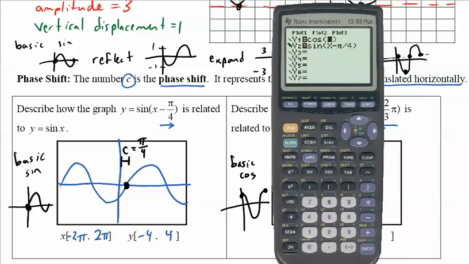So we've got the basic cosine first. Here's your basic cosine. It starts at the top, and after one period it ends at the top again. And now if I graph cosine of x plus 2 pi over 3, you can see that that top starting point has been moved to the left by 2 pi over 3.